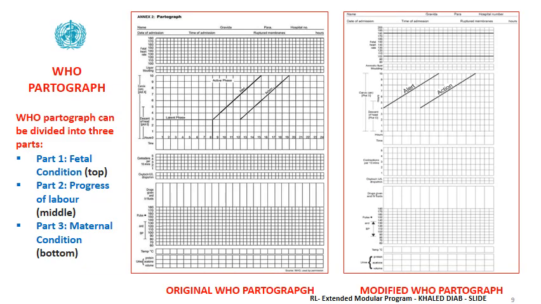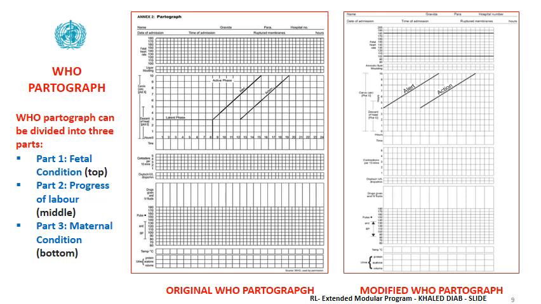The partogram is a graphic representation of labor. Many partograms were developed. The most widely used is the WHO partogram. As regards components of the WHO partograph, it can be divided into 3 parts below the parturient identification data. The top part is related to fetal conditions, the middle part is related to the progress of labor, and the bottom part is related to the maternal condition.